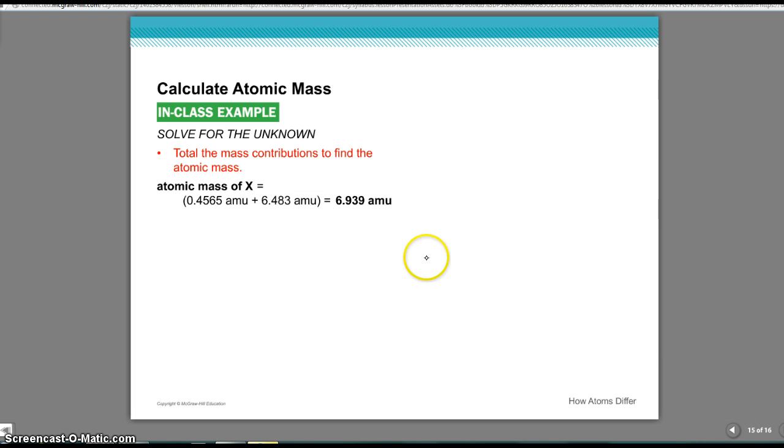Okay, so the first thing that we want to do is figure out the total mass contribution in order to find the atomic mass of the element.